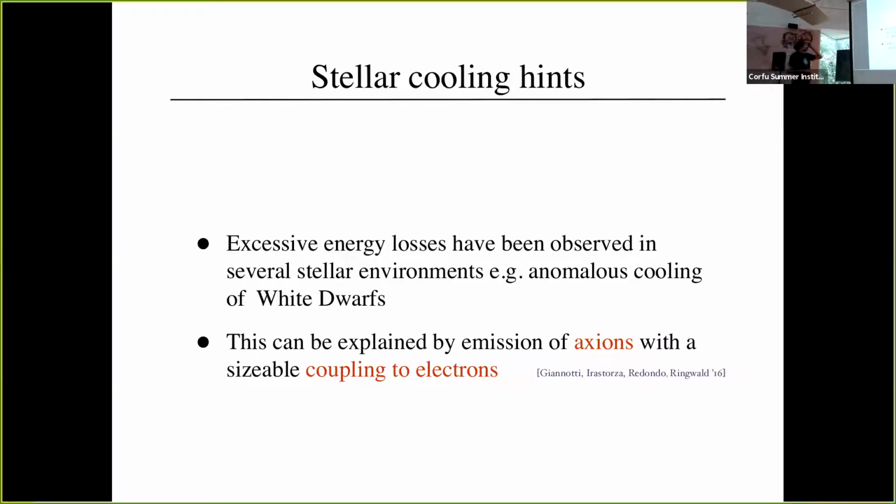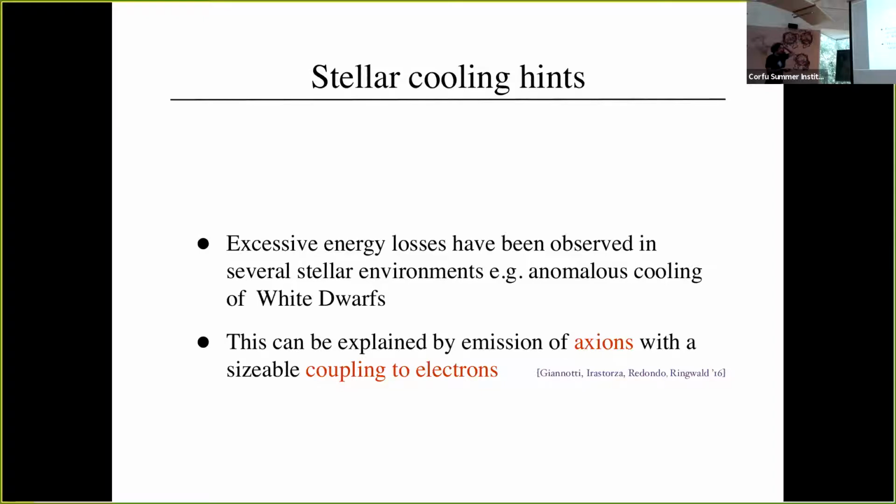Okay, so in fact, stellar cooling anomalies is not a new story. It has been observed in several stellar environments like white dwarfs, red giants, horizontal branch stars of globular clusters. Excessive energy losses compared to standard stellar cooling models.